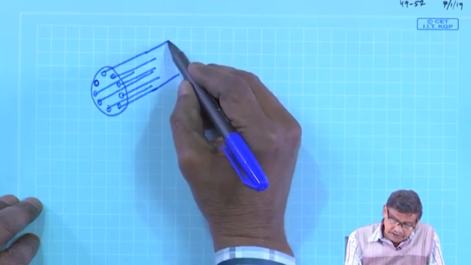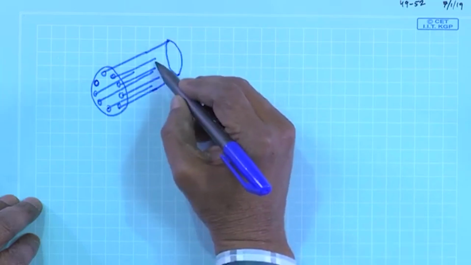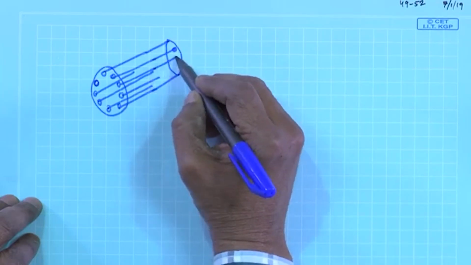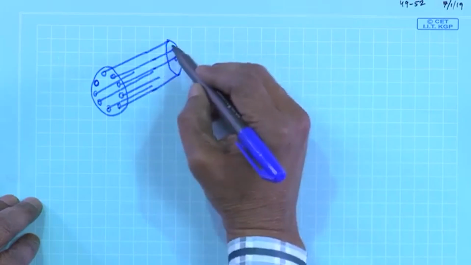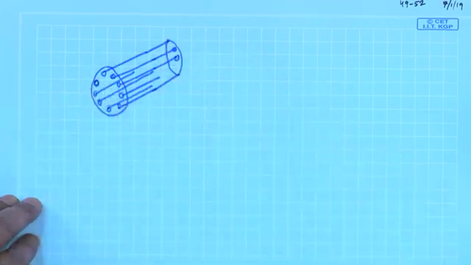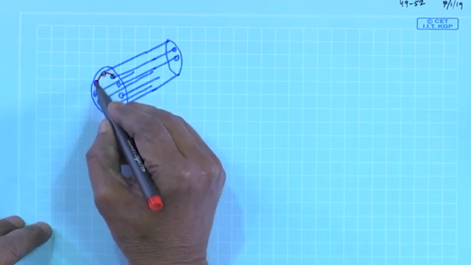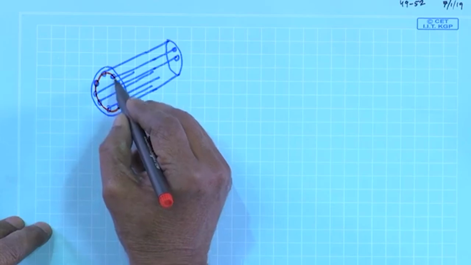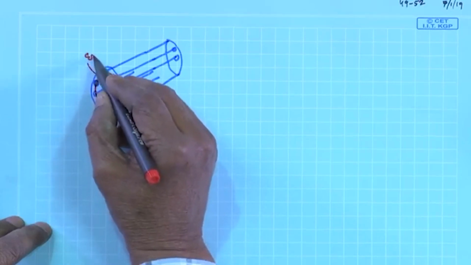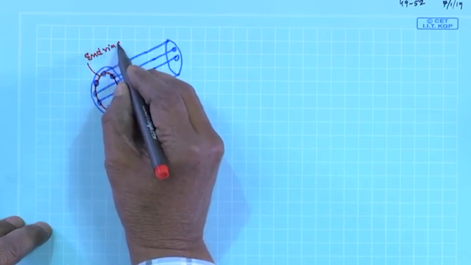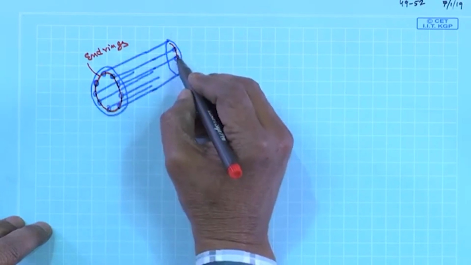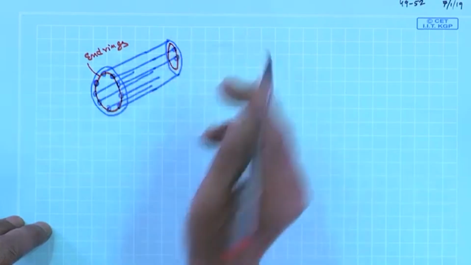On the other side also they will be terminated here. All these terminals are short circuited at both the ends by what is known as end rings. This side and also this side, all are short circuited.